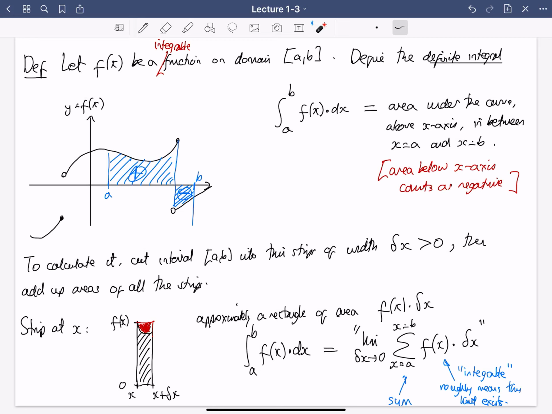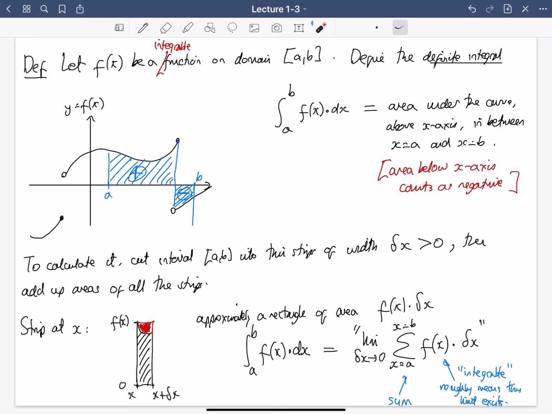It's just a number, depending on the function and what a and b are. It's the area under the graph of that function between x equals a and x equals b. And it gives you a little bit of a clue how you would make sense of that. It's just the elementary school idea of cutting it up into little thin strips and adding up the areas of the strips, but doing it in the limit as the width of the strips gets smaller and smaller.